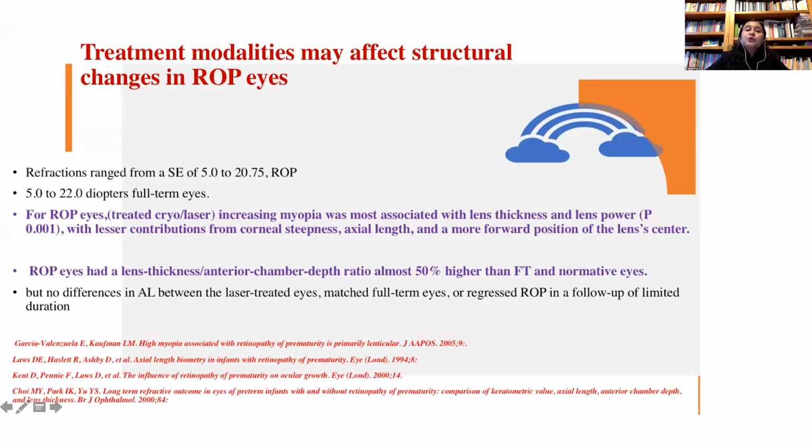So how may the treatment modalities affect structural changes in ROP eyes? Garcia et al., in their study comparing full-term eyes and ROP treated eyes, found that the spherical equivalent refraction was almost similar, with no significant differences.